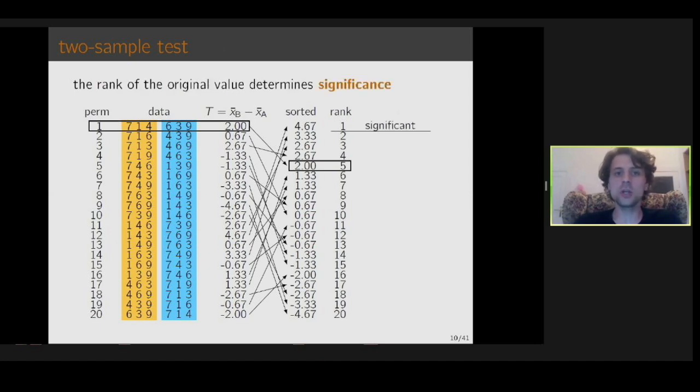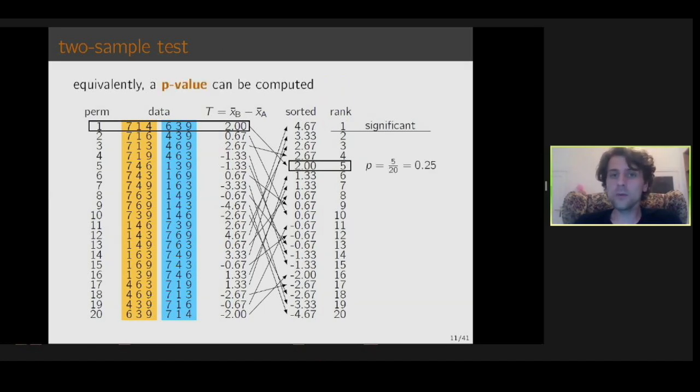The rank of the original value determines statistical significance. So in this case, the mean difference would not be significant, because if you've chosen a significance level of 0.05, only the top 1 value in a list of 20 values would be deemed statistically significant.